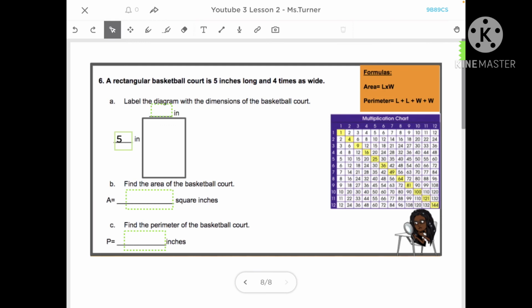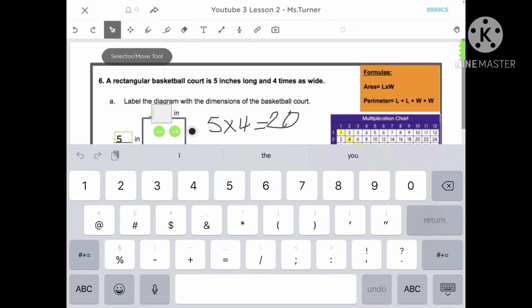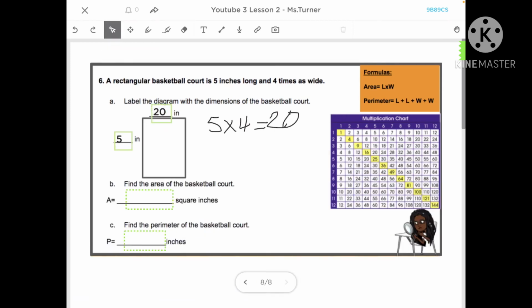And 4 times as wide. What did you do in order to figure out how wide your basketball court was? I multiplied too. In fact, I multiplied 5 times 4. And what did you get? Me too. 20. So it has a width of 20.